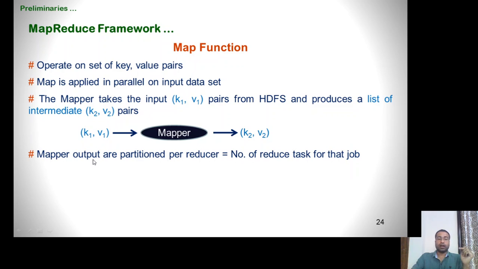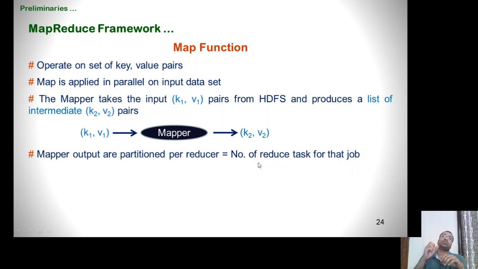And then the mapper output, this list of key value pairs, is partitioned per reducer. Now we can choose how many reducers we want to execute. The number of map tasks, or mappers, totally depends on how many data blocks there are. But you can configure how many reduce tasks you want to execute.